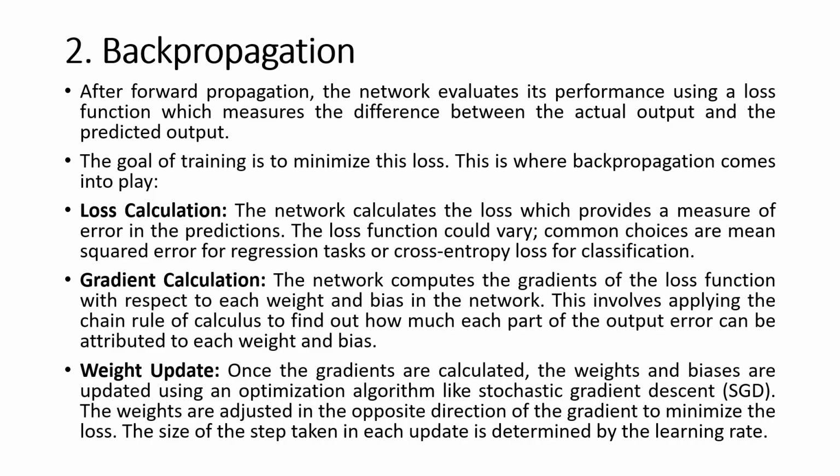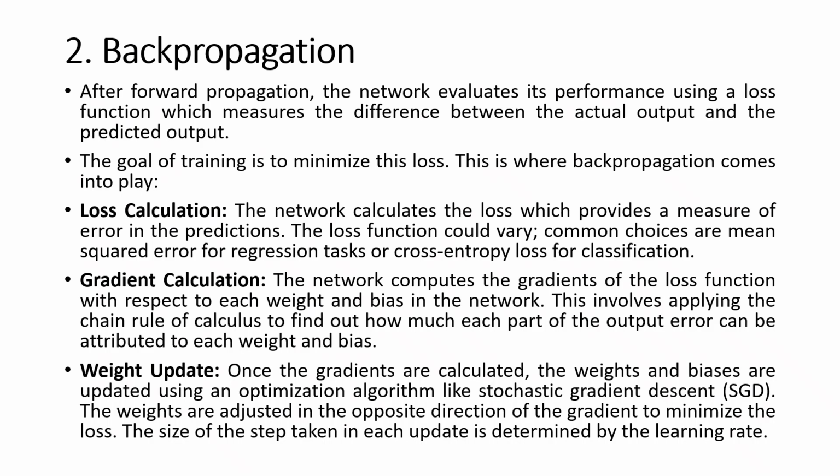Backward propagation means once you have got the predicted output, you will compare it with the actual output, and you will compute the loss, isn't it? The goal of training is always to minimize the loss. So in order to minimize this, we apply a method which is known as back propagation.